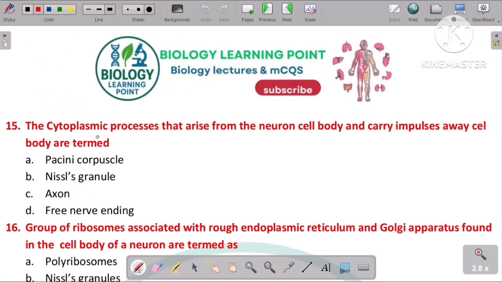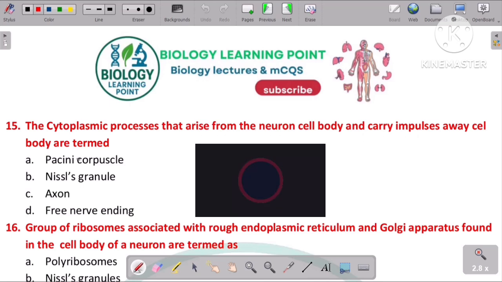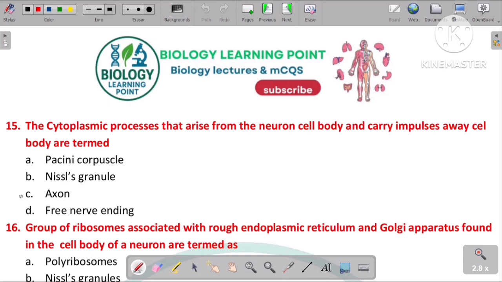So the next question is: the cytoplasmic process that arises from the neuron cell body and carries impulses away is termed as... The right option is option C, axon.